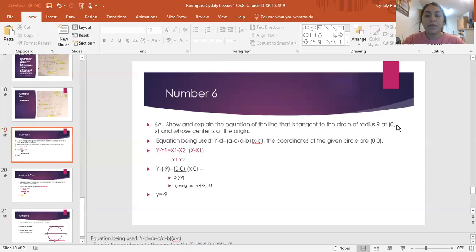So here we have our coordinates (0, -9). And we're just going to plug numbers in.